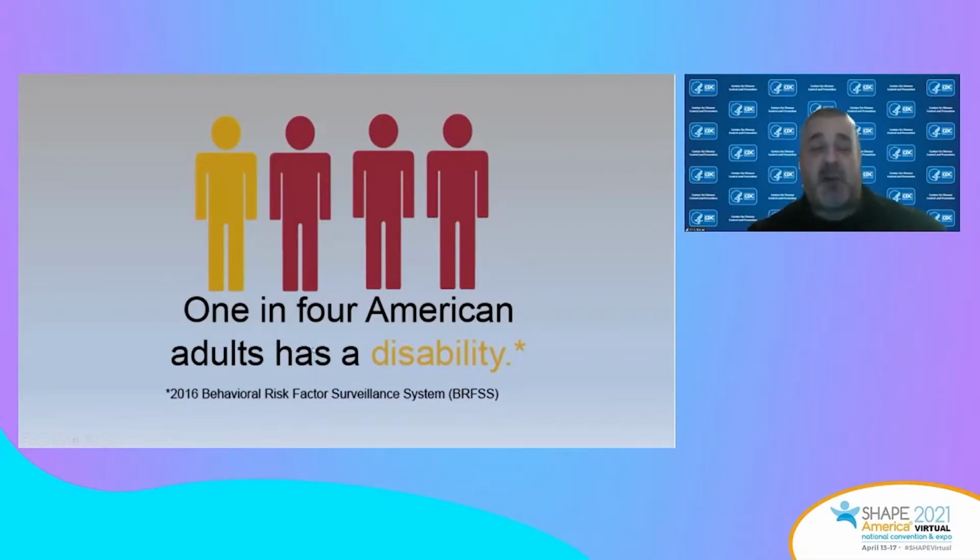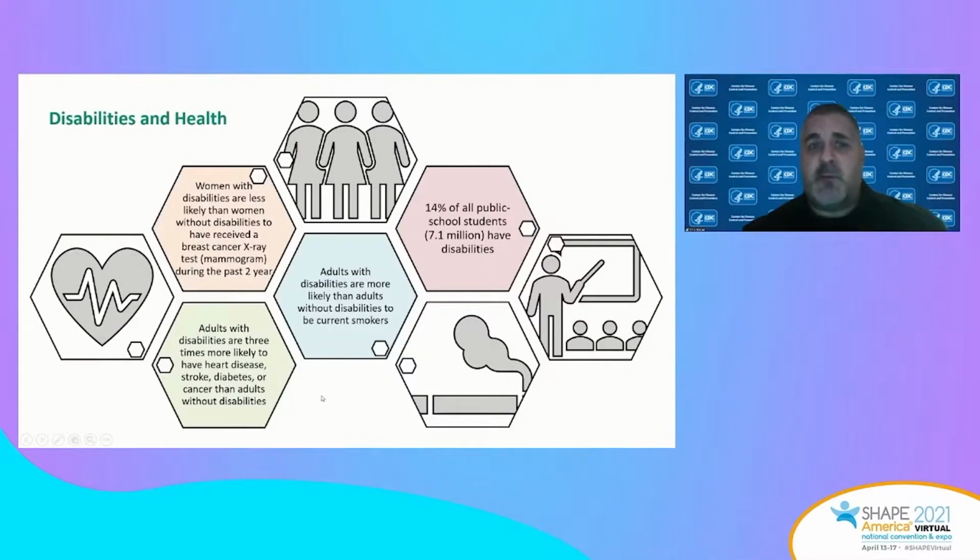Disability affects approximately 61 million people in the United States, about 1 in 4 adults, 26% of adults. We know that people with disabilities are at a significant disadvantage when it comes to health when compared with the general population, and are more likely to be obese, smoke, have high blood pressure, be physically inactive, and oftentimes don't receive some of the recommended preventive screenings.